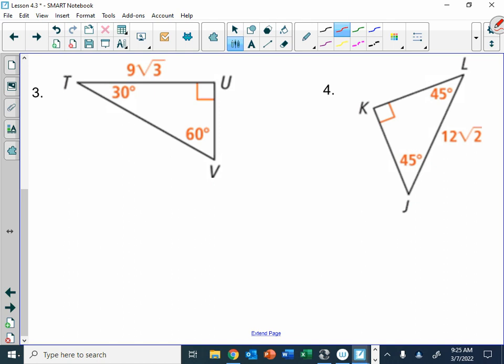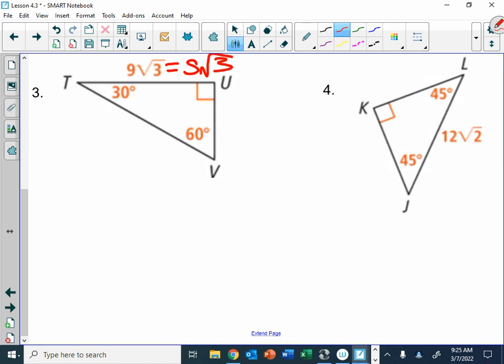Okay. So number 3. This 9 square root of 3. Which angle is it across from? 60. Okay. Go back and look at your picture. What is the side labeled as that's across from the 60 degree angle? S square root of 3. So that means 9 square root of 3 is S square root of 3.